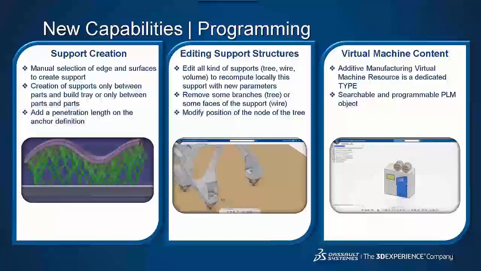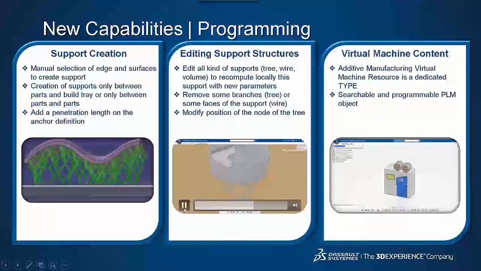We've also given the user the ability to manually modify the support structures that are automatically generated. So you can either locally recompute those support structures with different parameters, or you can remove any support structures that are automatically generated, or you can modify the nodes of these tree type support structures.